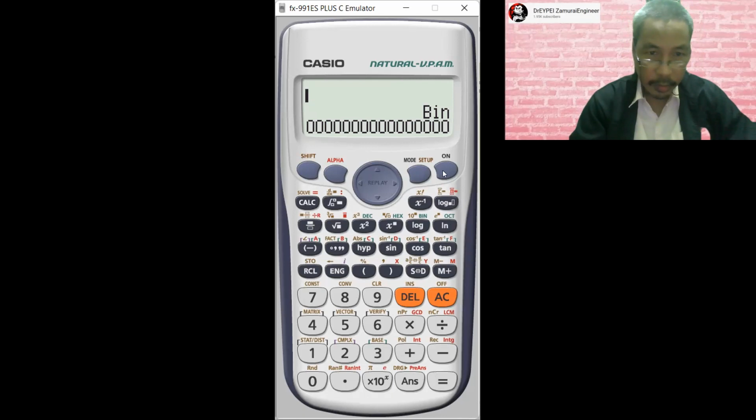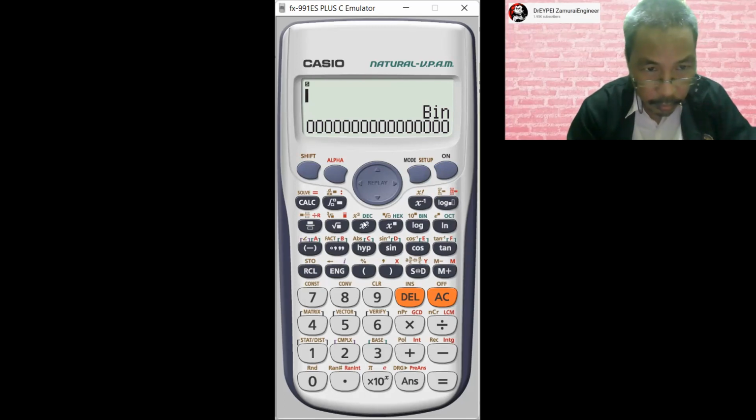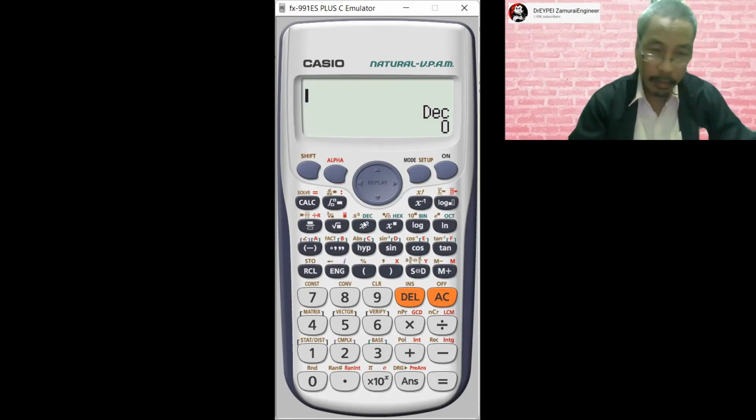Okay. So that's maybe the way to do it. So shift. For example, decimal. There's no here. Decimal. For example, 54 in binary.